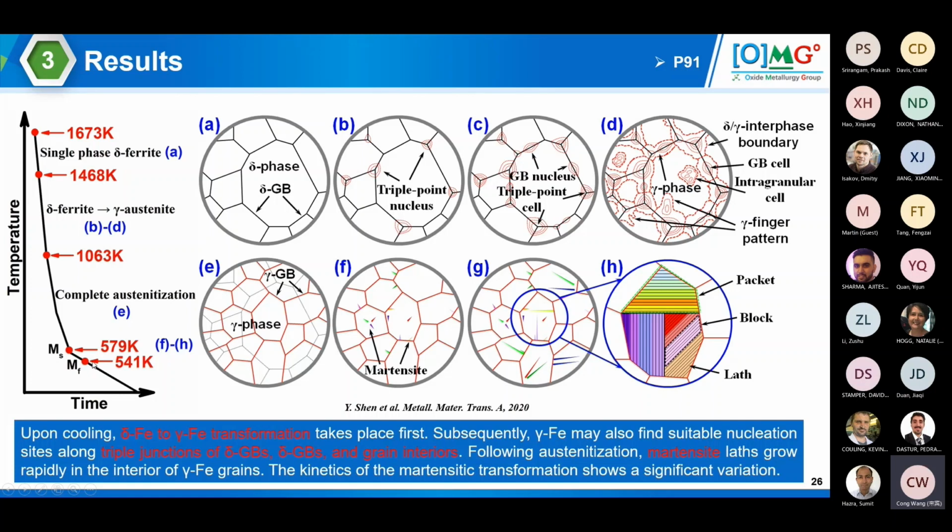After that, you are seeing a whole array of martensite formation, forming essentially into packets, into blocks, and into laths, which are driven by the individual lath there. So these 3 cases are what we are seeing under one confocal scanning laser microscope.